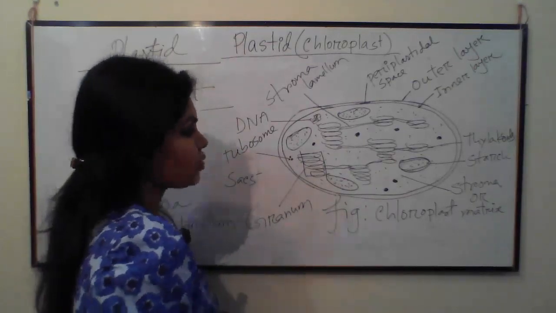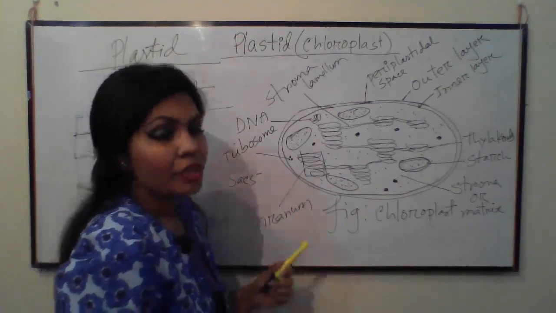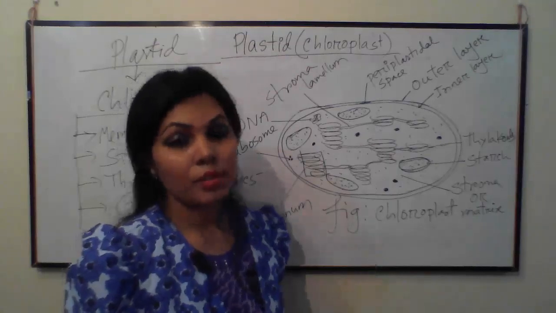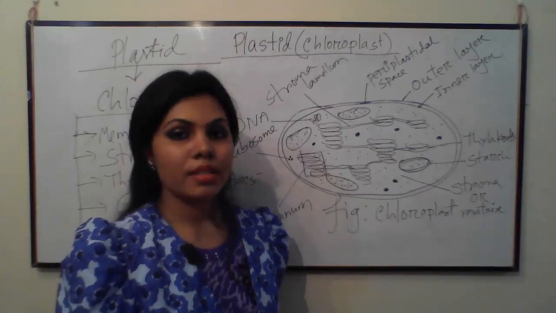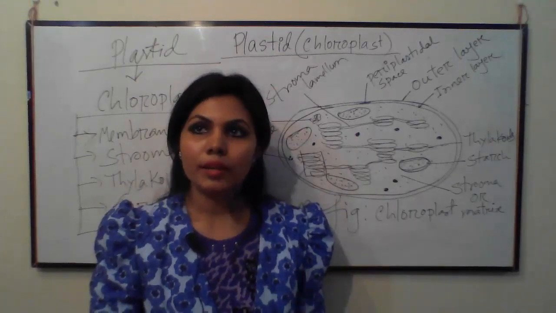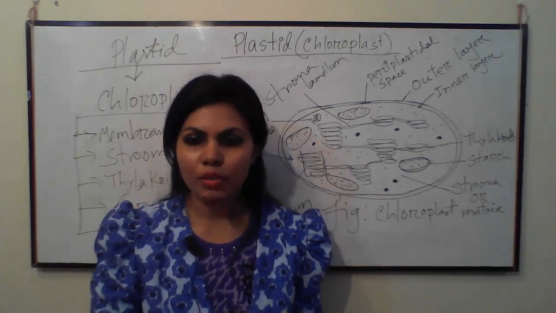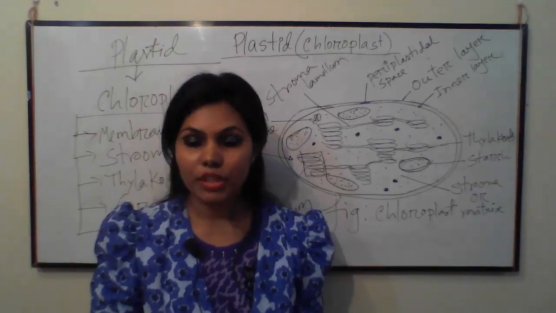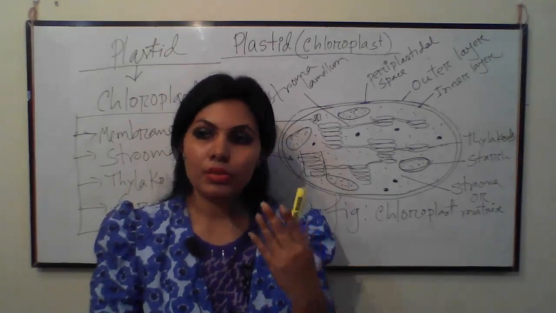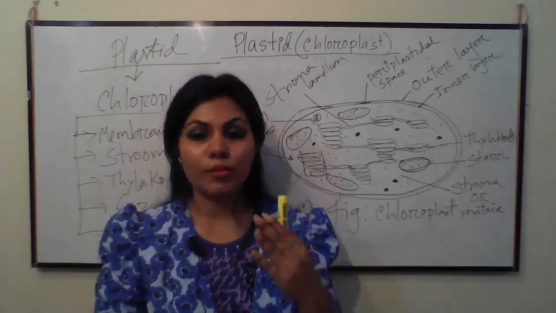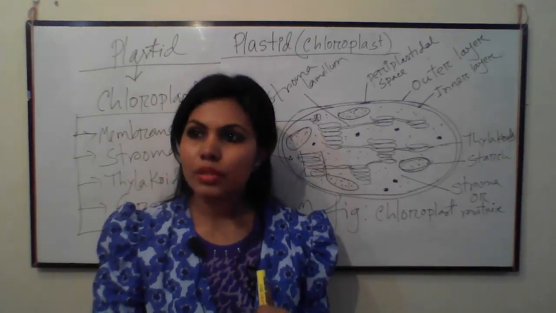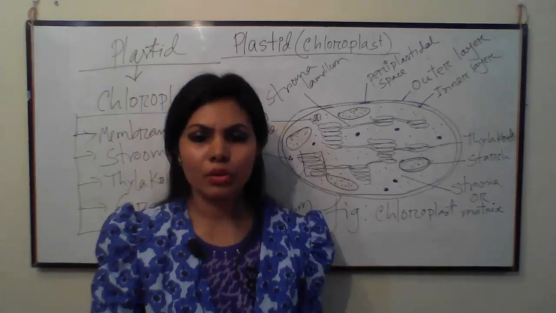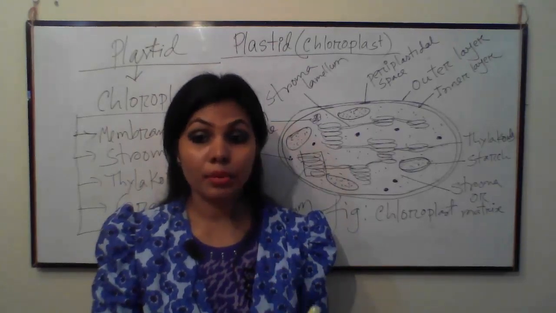So at last we can talk about the functions. Chloroplast does the photosynthesis. It absorbs light energy and converts it to biochemical energy. Chloroplast produces ATP, produces oxygen, and takes part in the breaking down of six carbon glucose.